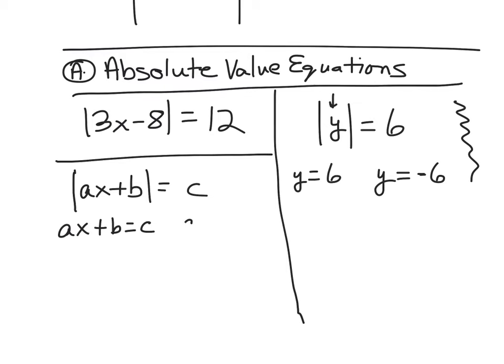Or ax plus b could be equal to negative c, and that would also make the statement true. Because if I take the absolute value of something equal to c or something equal to negative c, either one, I'm going to get c. So whenever I see the absolute value of something equal to c, this is how I'm going to handle it. I call this strategy split it up.